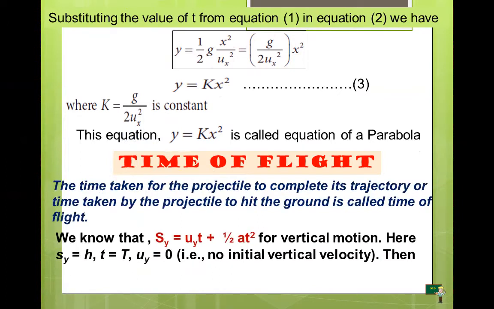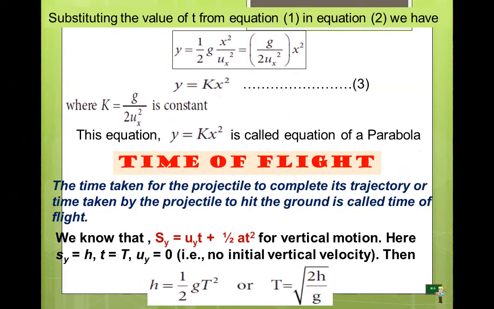As we know, sy equals uyt plus 1/2 at square for vertical motion. Here sy is equal to the height h, t is equal to capital T, and uy is equal to 0, the initial vertical velocity is 0. Then we have h equals 1/2 gT square, or T equals root of 2h by g. This is the time of flight.